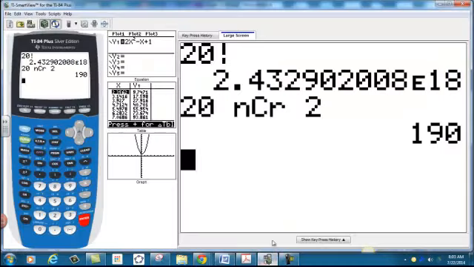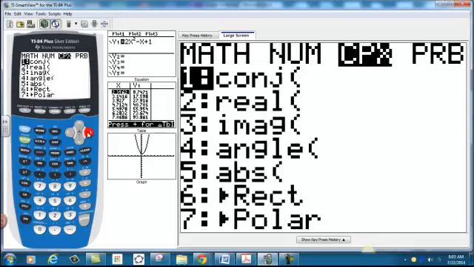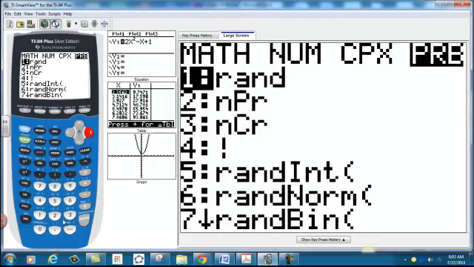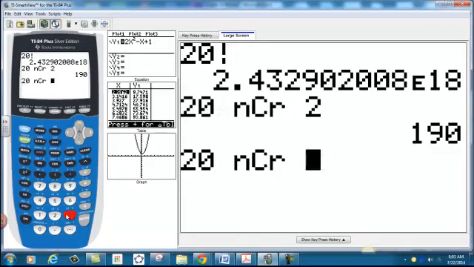So back to my calculator, I'm going to go 20, math, arrow over to probability, combination, which is 3, then 2, and then I'm going to take that answer, and it's best if we just hit enter.